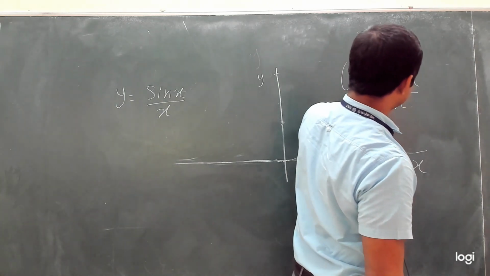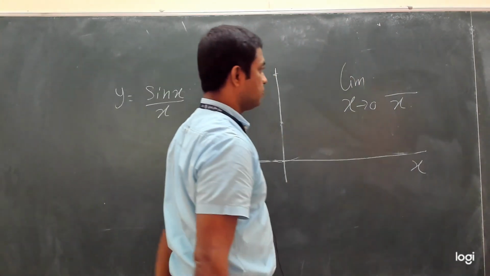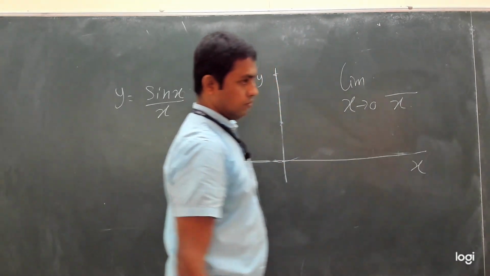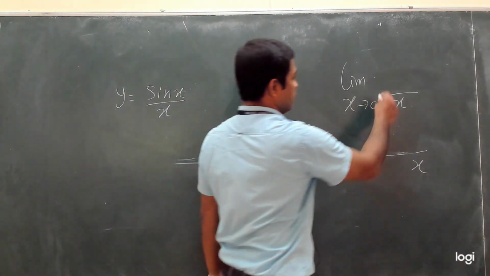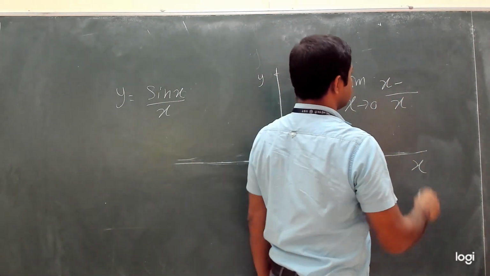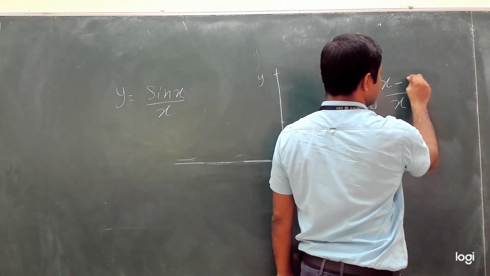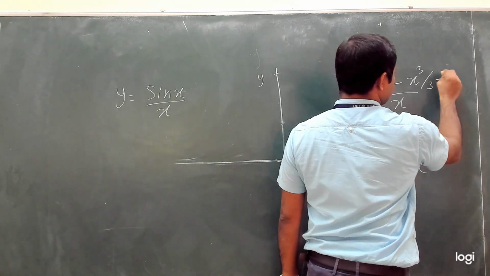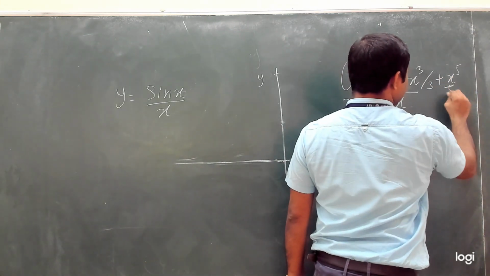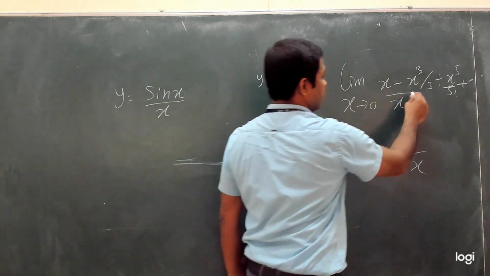So what is the expansion of sin x? These things should come immediately to your mouth. It is x minus x cube by 3 factorial plus x raised to 5 by 5 factorial plus etc. And divided by x.